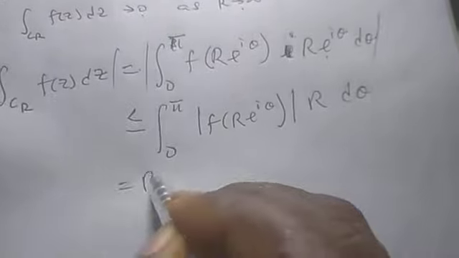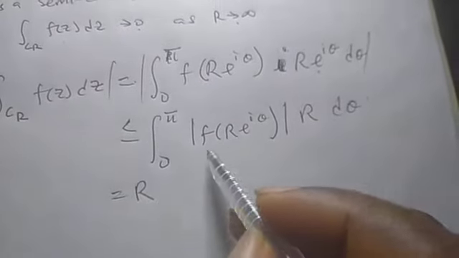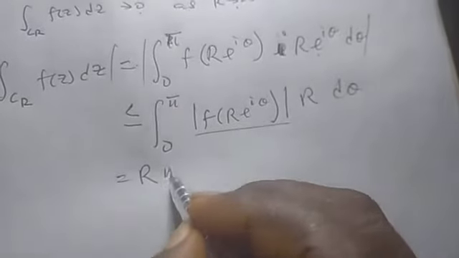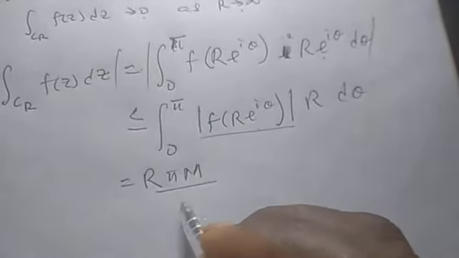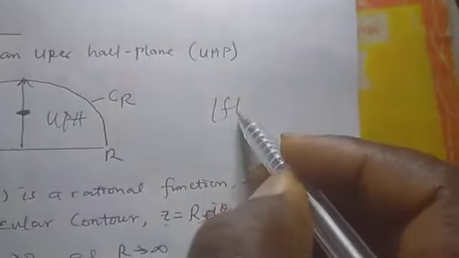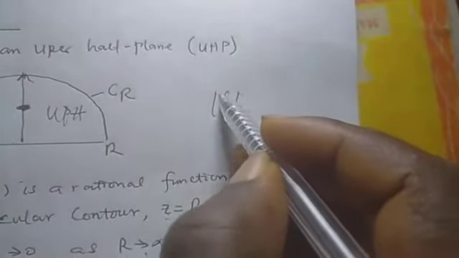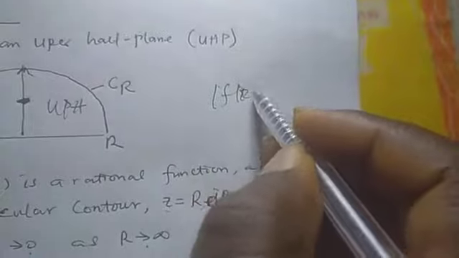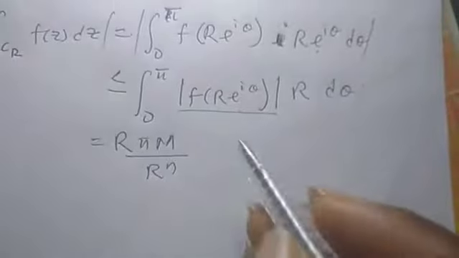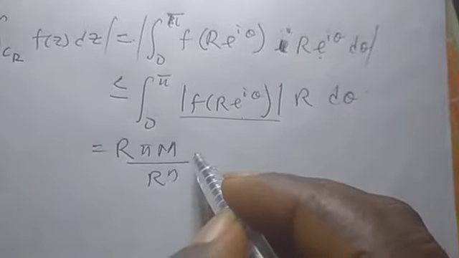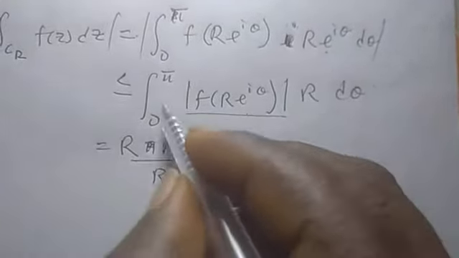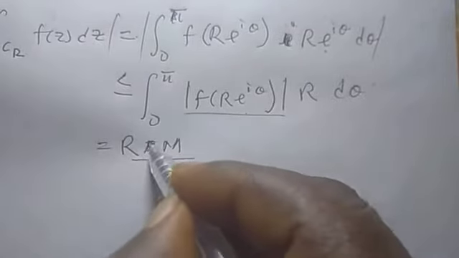So let me bring my R here, and by Cauchy's inequality, we know that this is pi M over R raised to power n, that is if M is bounded, that is f of z is bounded. Now what we have left is this. Okay, we don't need to bother ourselves.